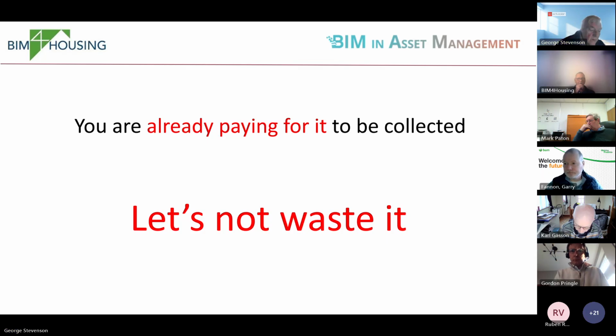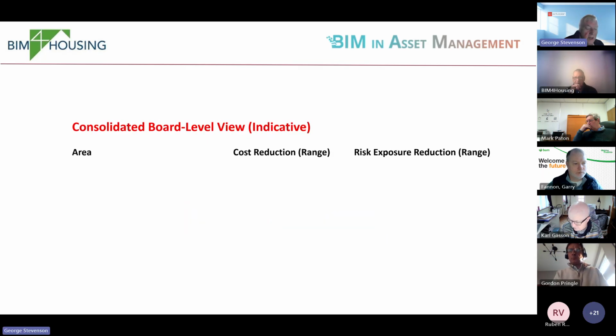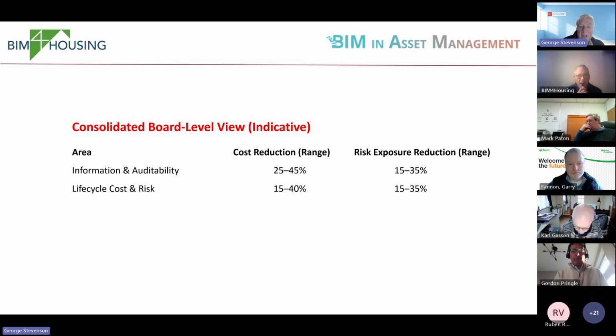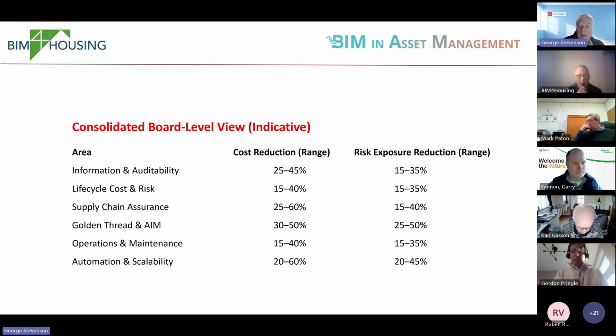So what we want to then do is turn this into something where we can get some tangible value-based analysis of what it's going to deliver. Now, to be frank, we've used ChatGPT to come up with those sorts of figures.